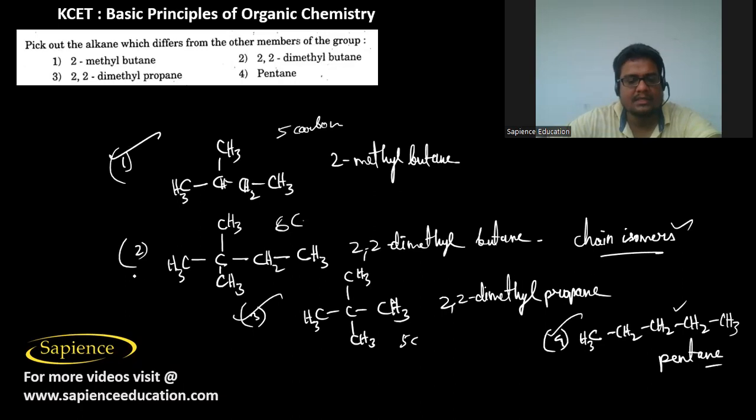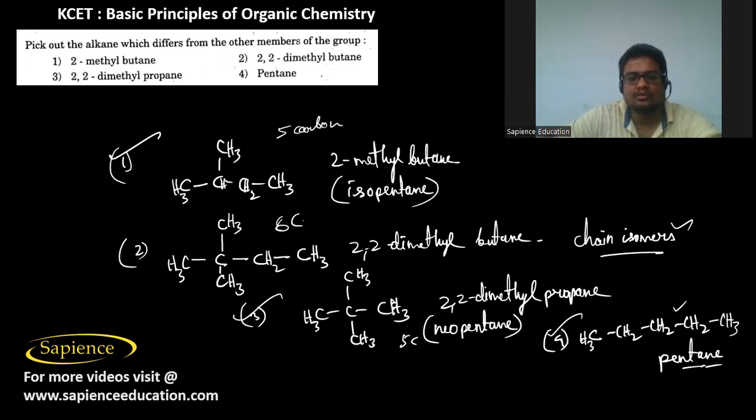Only the second one is not an isomer of pentane. The third one is also called neopentane, and the first one is also called isopentane. So isopentane, n-pentane and neopentane are chain isomers, and only this one has 6 carbons, so it is not an isomer of these three.